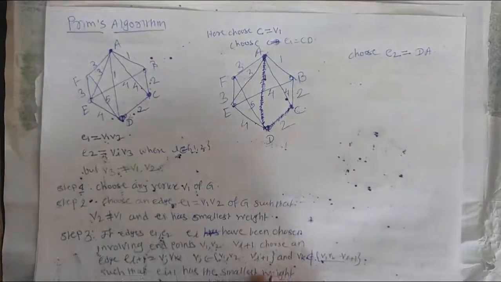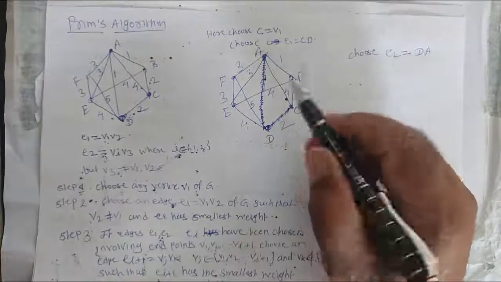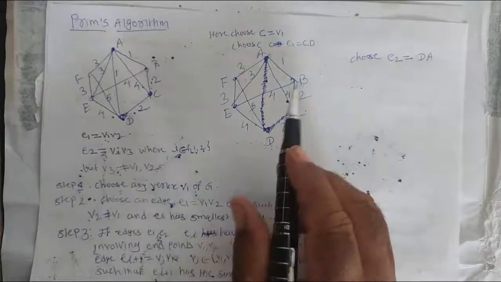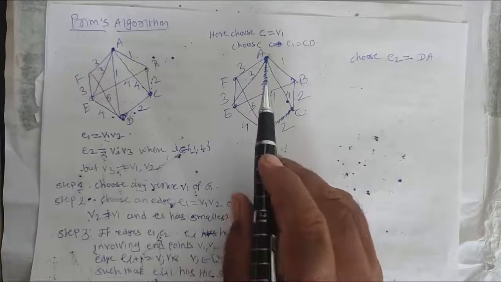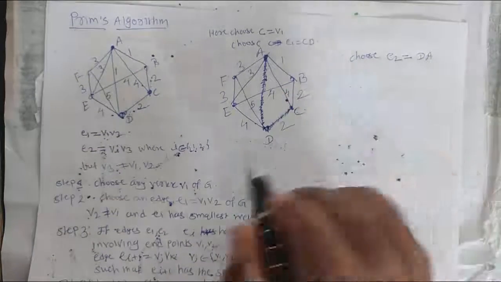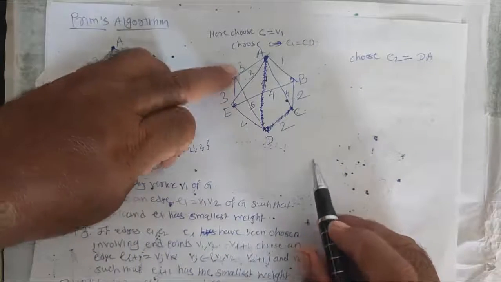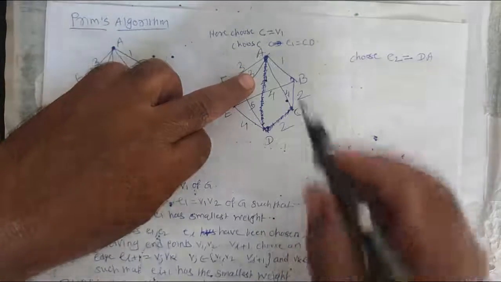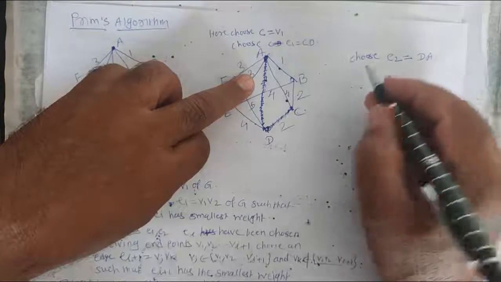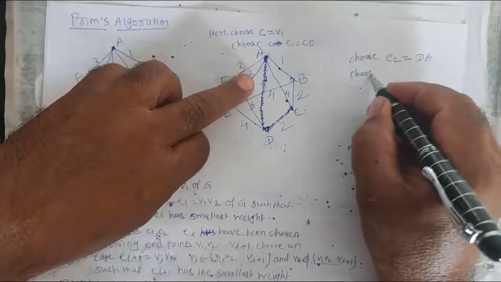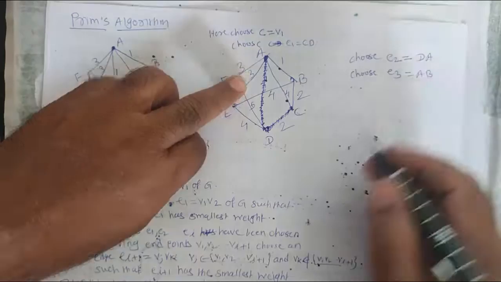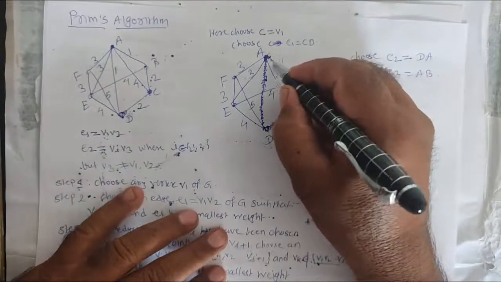Now choose an edge which has minimum weight and is incident to C, D, A. Here its weight is 3, its weight is 1. Then choose E3, E3 is equal to AB. So choose this edge.